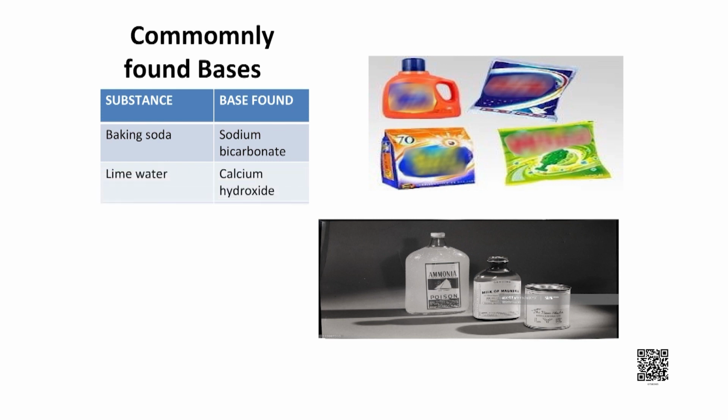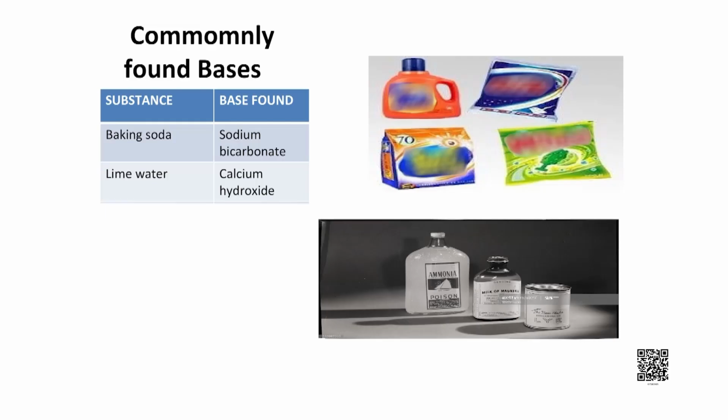Next is lime water. We use a white colored stone at home, and whenever water is added, it becomes hot and bubbles come out. So what is that? That is simply calcium hydroxide, and the name of this compound in solution is lime water. This also occurs in natural form.